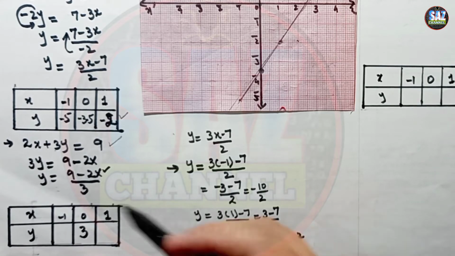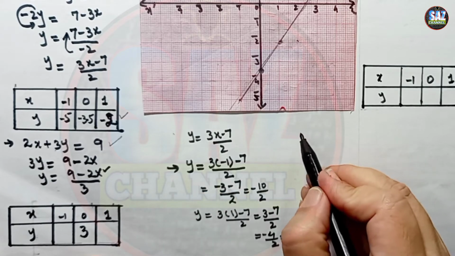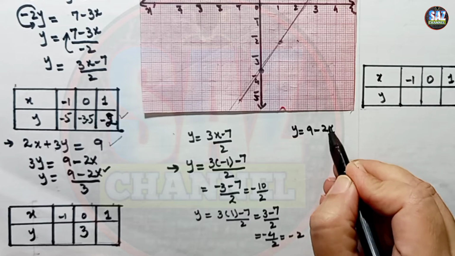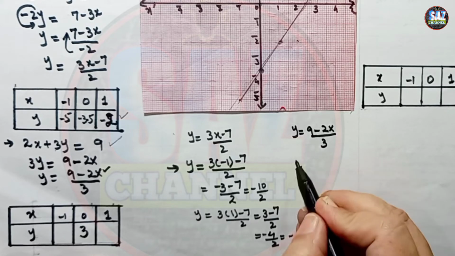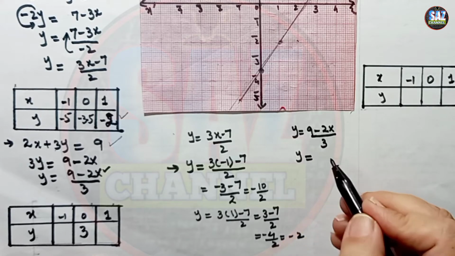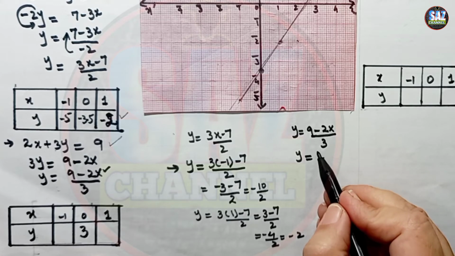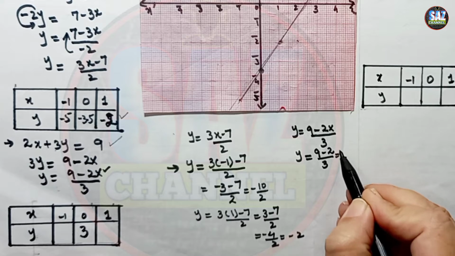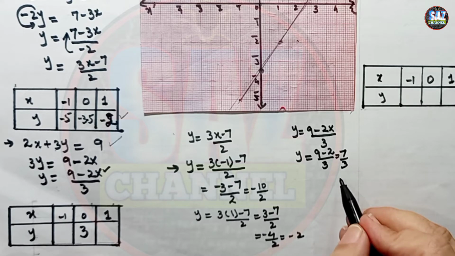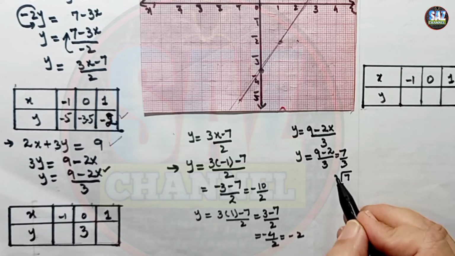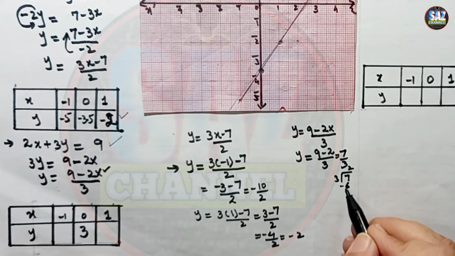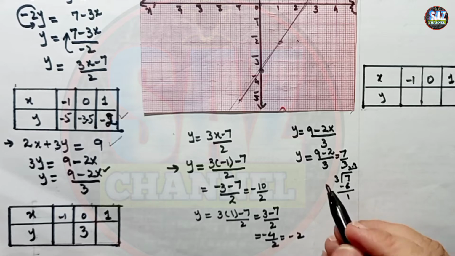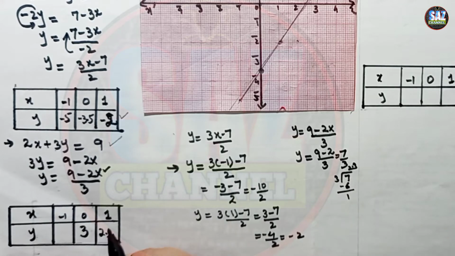When I'm replacing x by positive 1, y equals to 9 minus 2x by 3, that will give me 9 minus 2 by 3, which is equal to 7 by 3, and 7 by 3 for the plotting purpose, 3 2s are 6 and 1, 2.3, so it will be around 2.3.